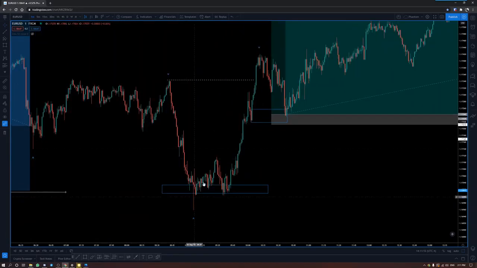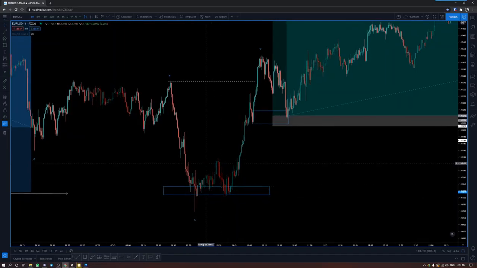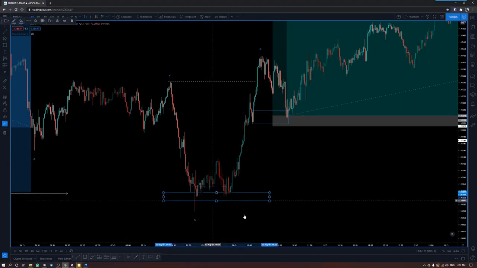Now this accumulation is a little bit different than the accumulation that would have a spring within it. What we have is a large violent move to the downside, which is the selling climax. We get the automatic rally, and within that we do get some secondary tests, and it basically tests the lows within the trading range, and then it continues to the upside.